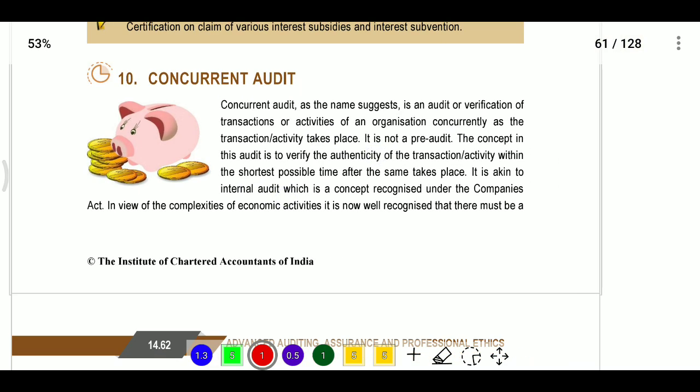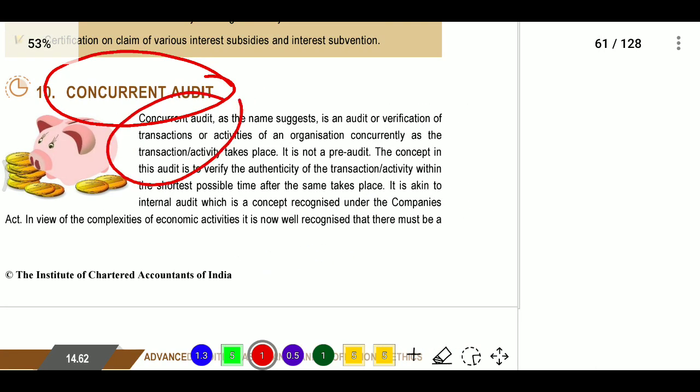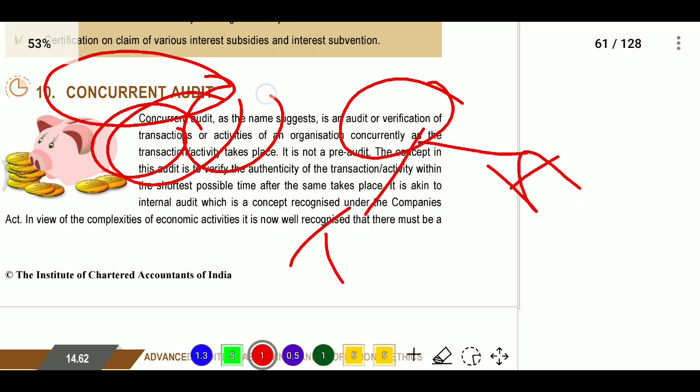Next, relating to concurrent audit. Concurrent audit means an audit where they verify some transactions or activities of an organization concurrently, as the transactions or activities take place.